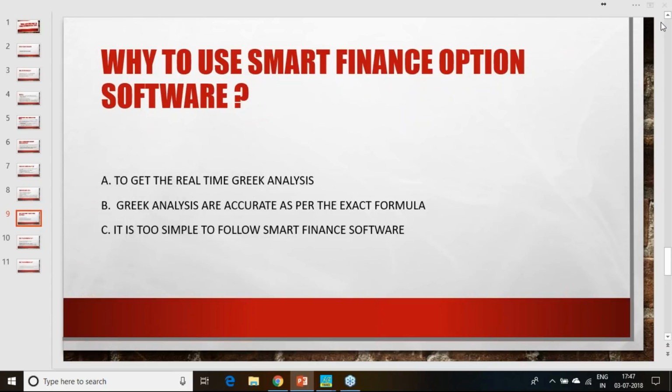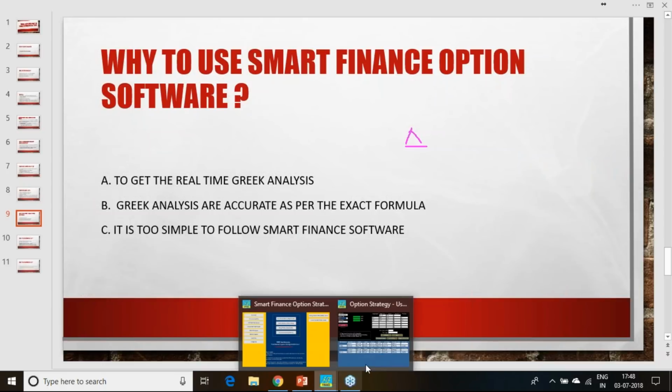For that, the calculation of delta must be correct. If you get a correct delta, then you can estimate the correct premium. If the delta calculation given by your software is wrong, then the option premium calculation won't come out correct.